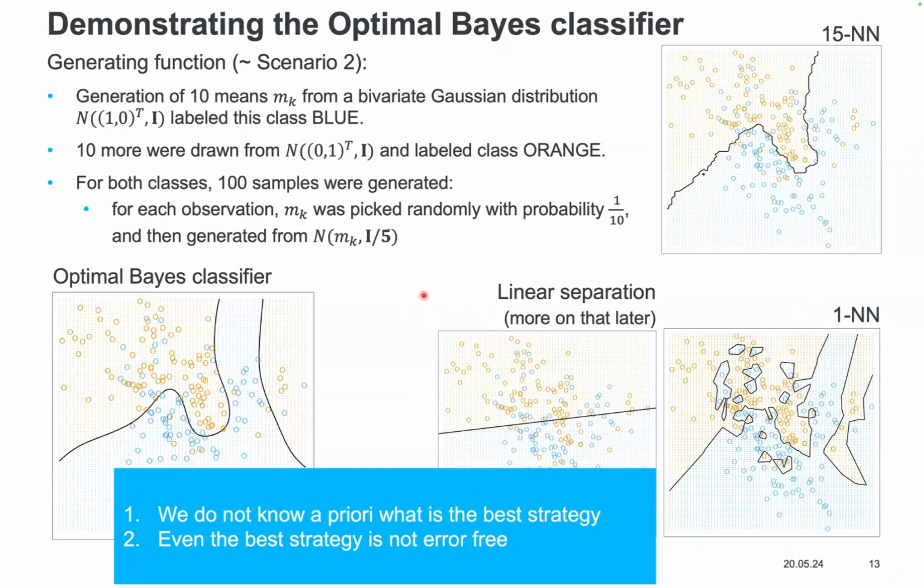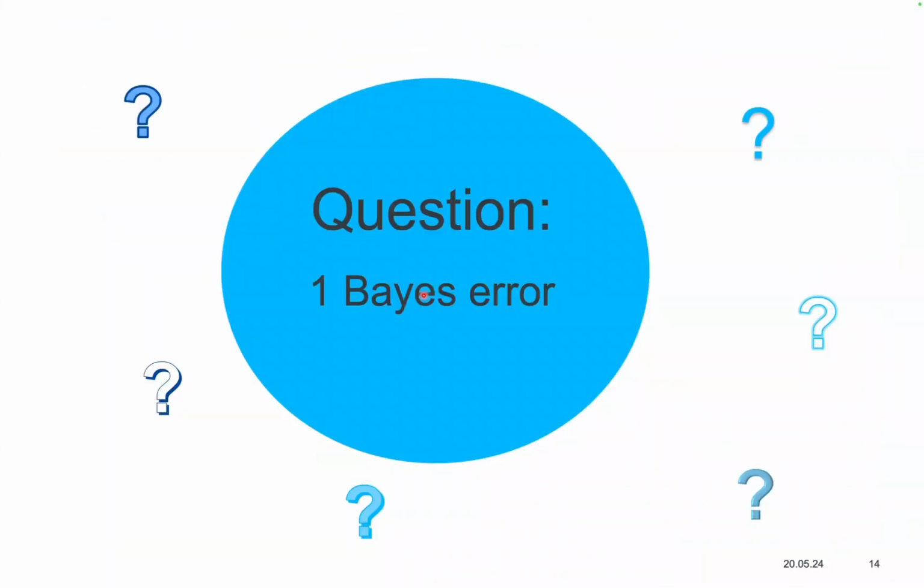So in general, we do not know what is the best strategy, actually, how to create our classifier from the data. Remember, the optimal Bayes classifier assumes knowledge that we in practice never have. And even if we would have the very best solution, this optimal Bayes classifier, even then this would not be error-free.